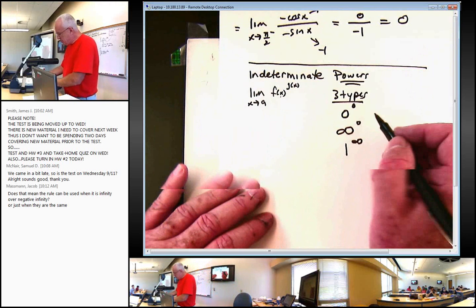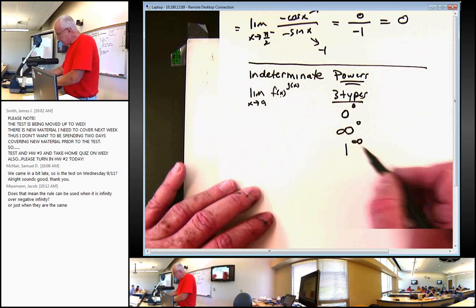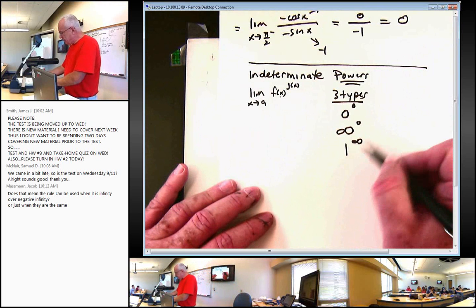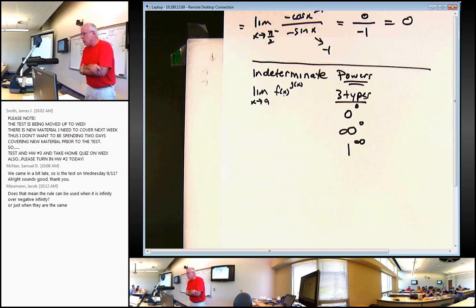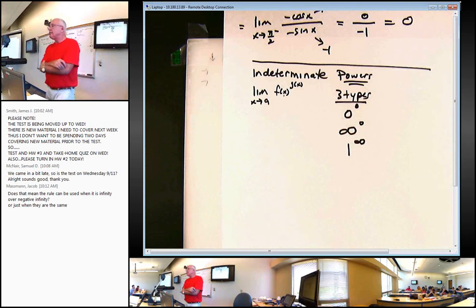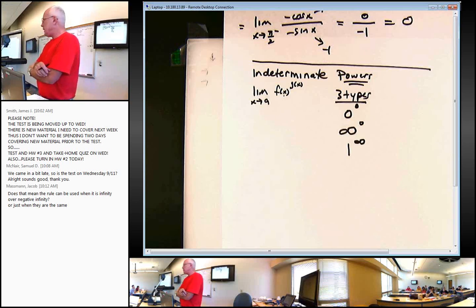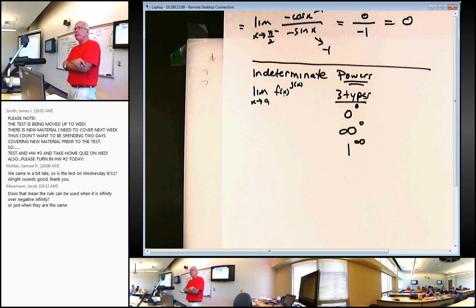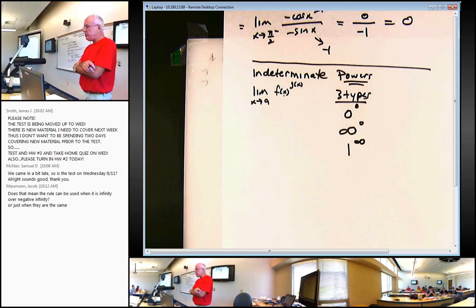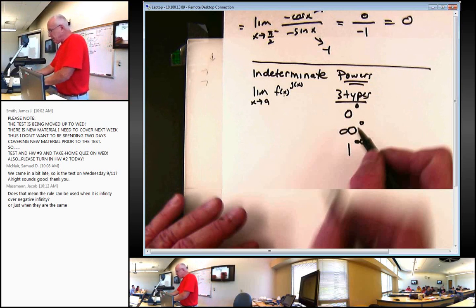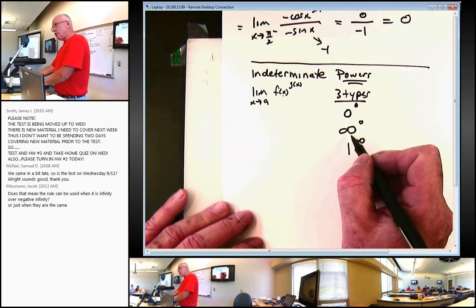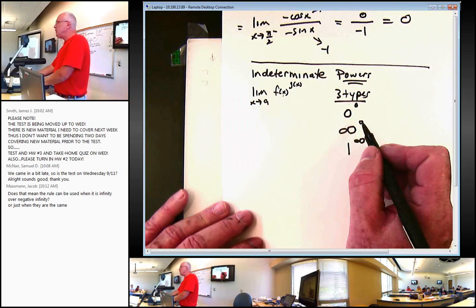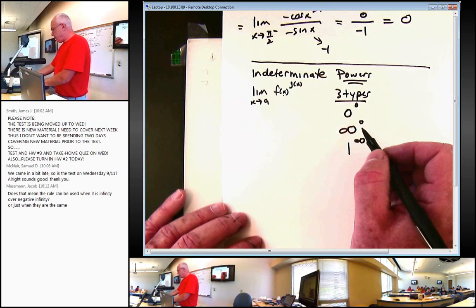Basically, it's easier to explain these bottom two. 0 to the 0 is, well, I guess you can just say 0 to the 0, what the heck is that? So let's just leave it at that, but that would make it an indeterminate case. If we have something that's getting really, really large, and we're taking it to a really, really small power, we really don't know what's happening.